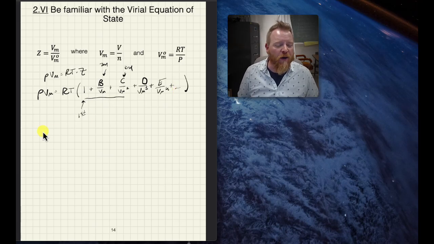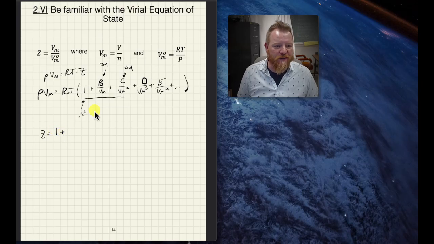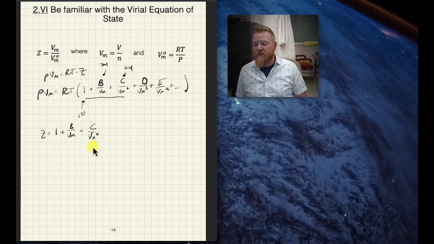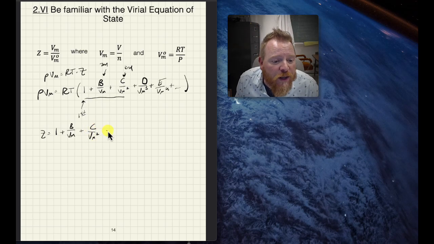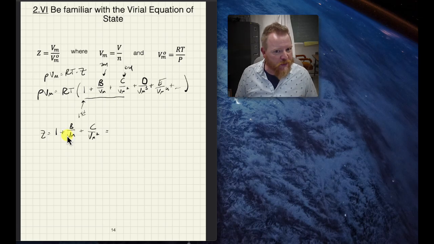From there, we note that we're really not changing the ideal gas law. We're just coming up with a different way to write the compression factor, which is the following: 1 plus B over Vm plus C over Vm squared, and I'll leave it at that. We could also substitute the ideal gas equation into that calculation of Vm, which of course would just be an approximation, because technically we should supply the van der Waals equation, but then we'll just end up in a circular relationship.